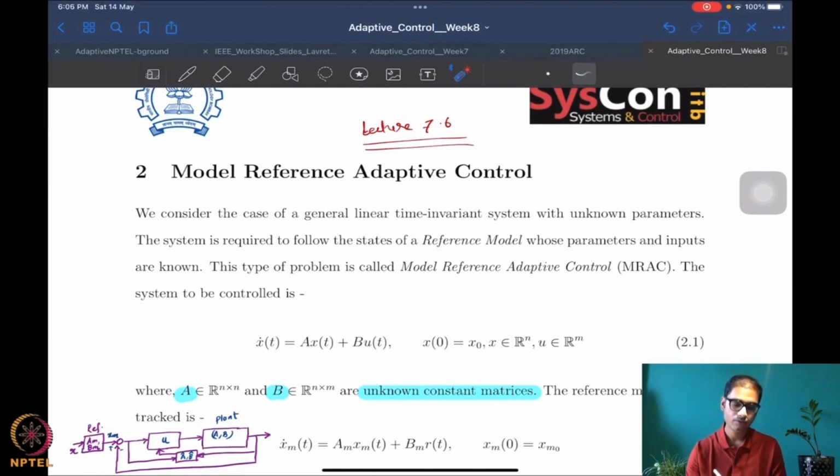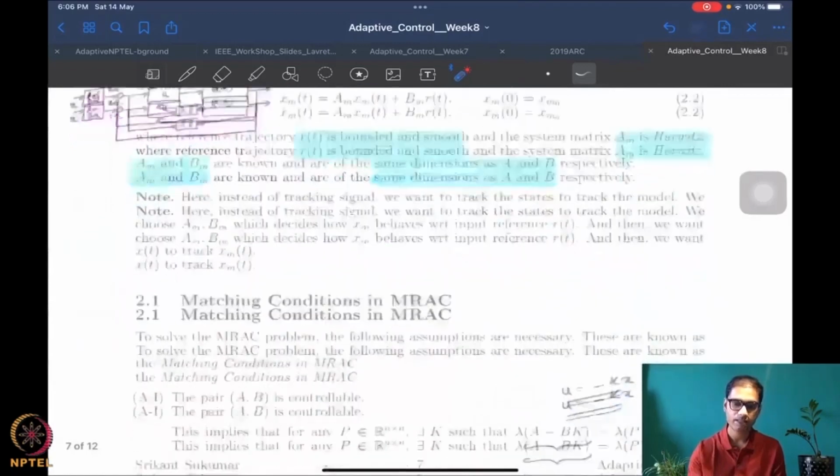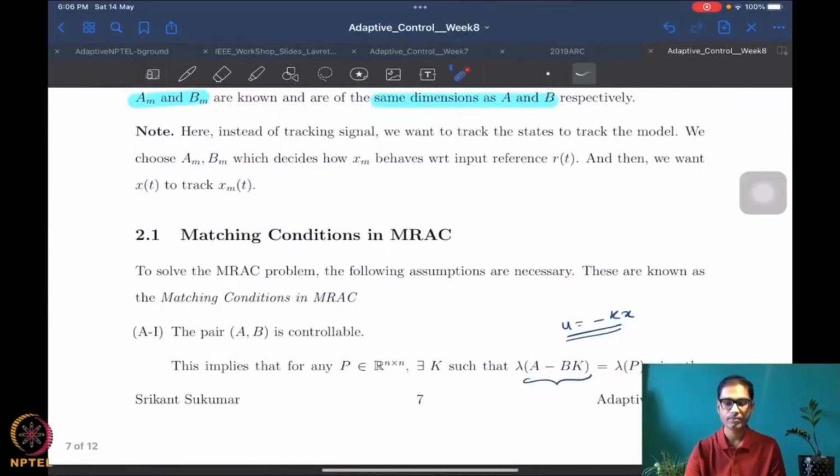What it means is that if AB is a controllable pair, then given any matrix P such that I want the system to look like x dot equals Px, I should be able to find a K such that u equals minus Kx does the job. If I put u equals minus Kx, this becomes A minus BK times x, and so I have my desired system.